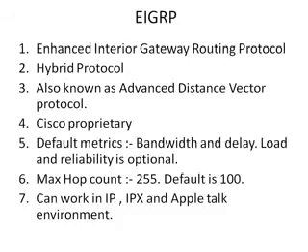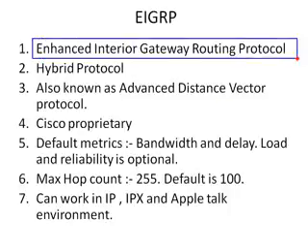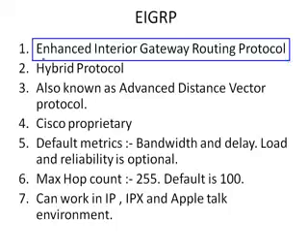In this video I'm going to demonstrate EIGRP, which stands for Enhanced Interior Gateway Routing Protocol. Second point, it is a hybrid protocol, which means it takes all the best features from two other categories, that is distance vector and link state protocol.